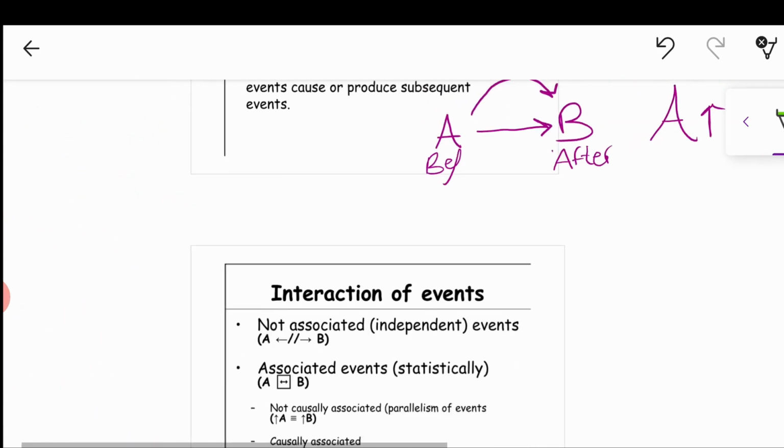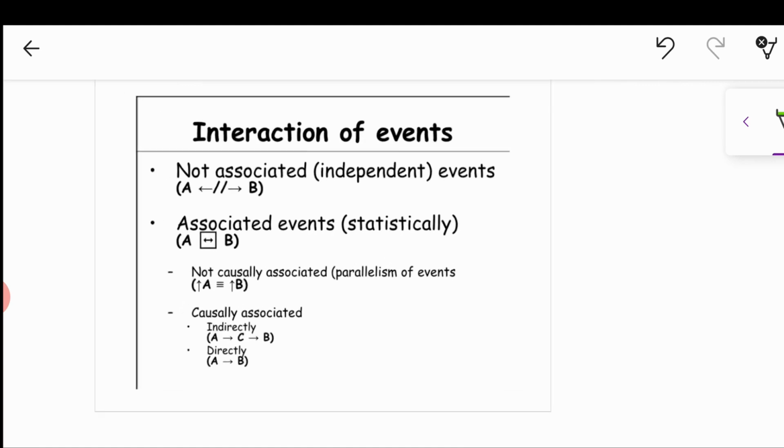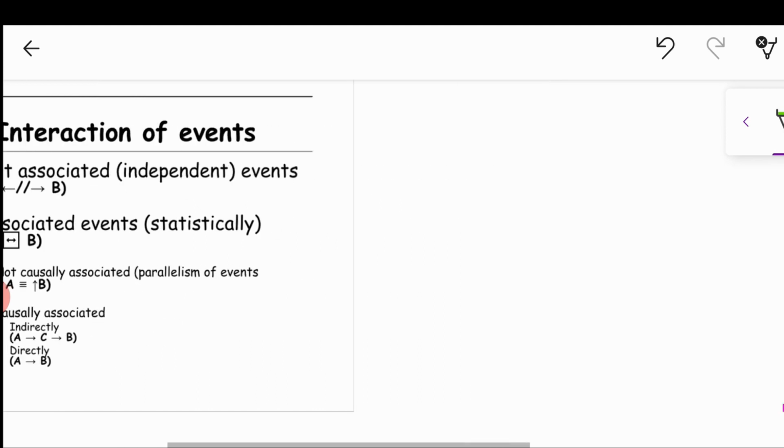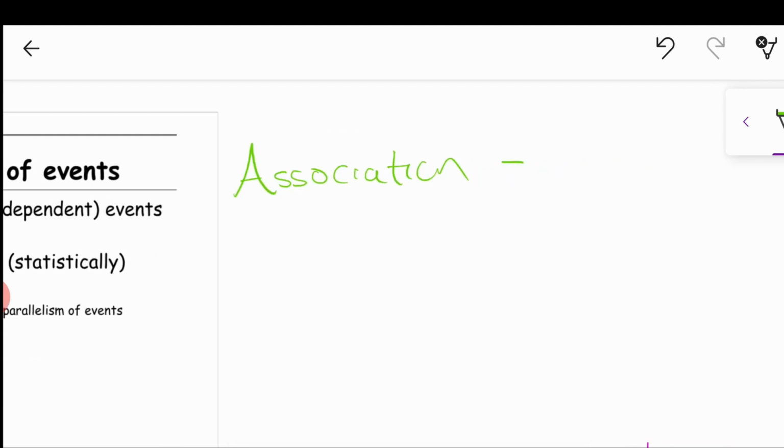Alright. So, interaction of events. Now again, keep it in mind, correlation is not causation. Correlation can be synonymous with association. Association and correlation can mean the same thing.